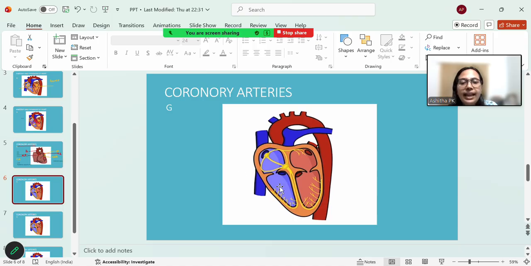Then we can learn how this electrical impulse originated or is created.